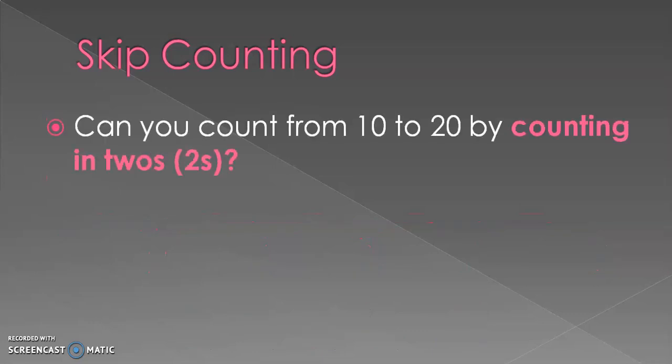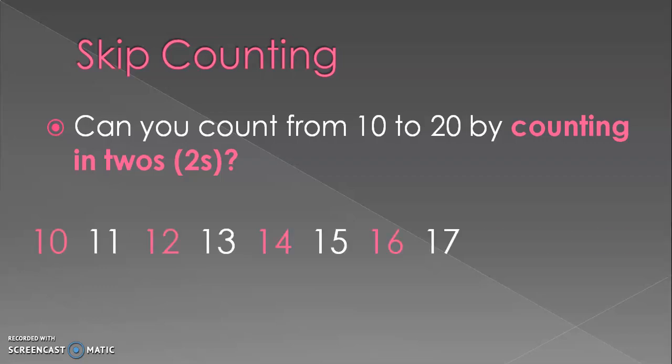Okay. Can you count from 10 to 20 by counting in 2s? Let's start from 10. Remember, we count the second number after the one that we want. So starting from 10, we need the next 2 numbers. So that's 11, 12.